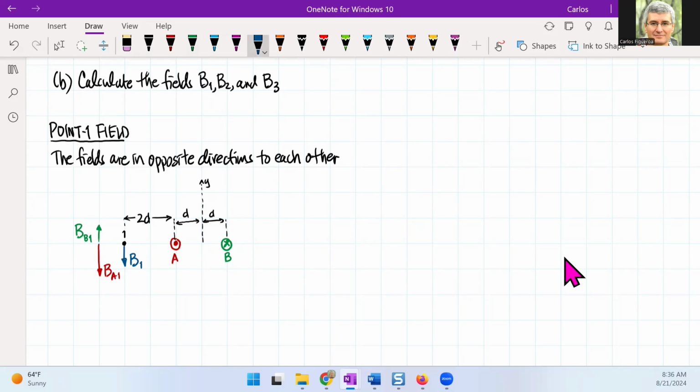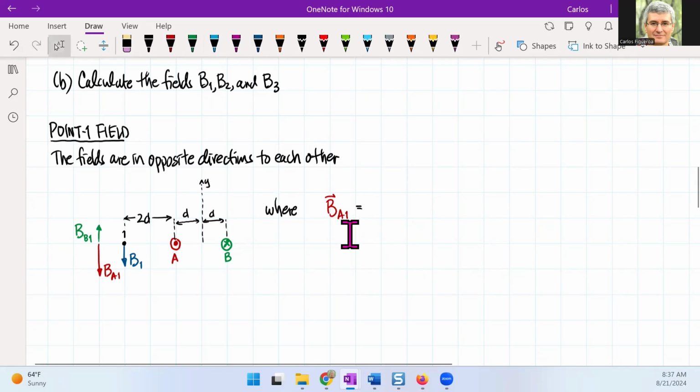So now I just have to calculate these fields. So what do we know about these fields? I know that the magnetic field of A has to be in the negative y direction. So I have to include that negative sign. So if I look at this thing, I'm seeing something like this.